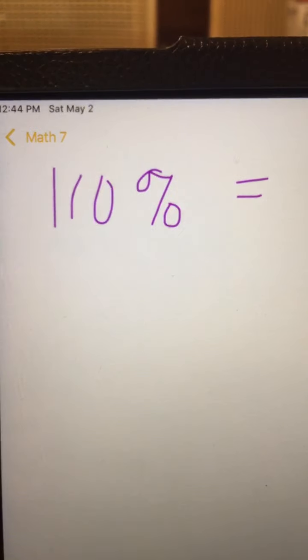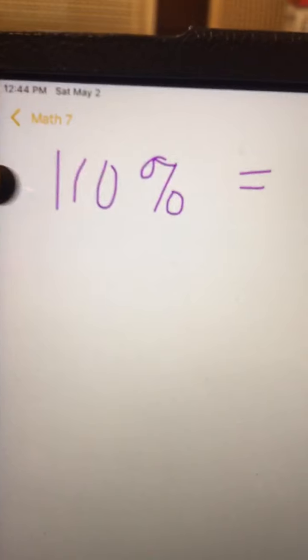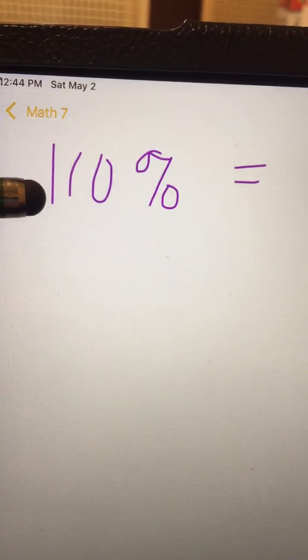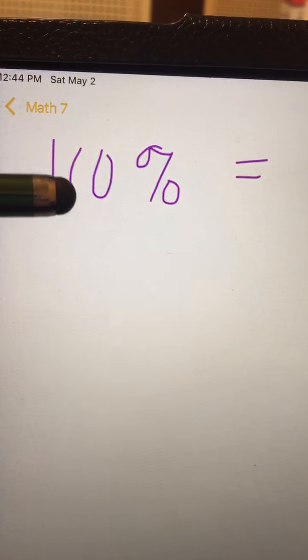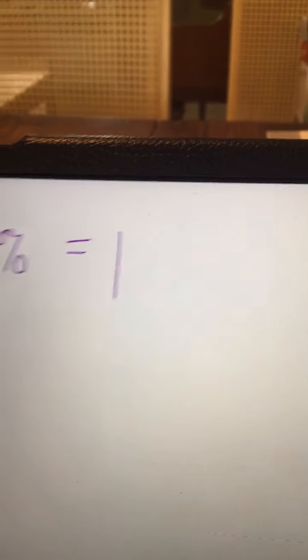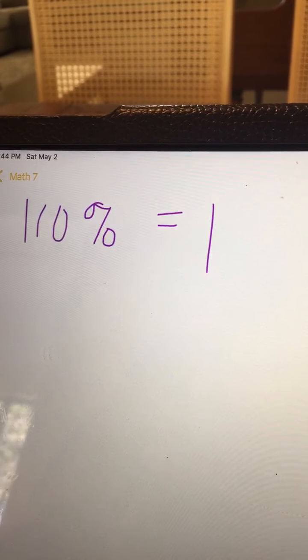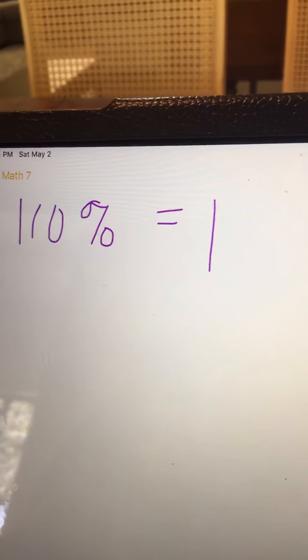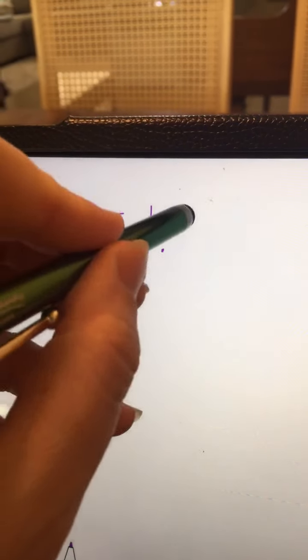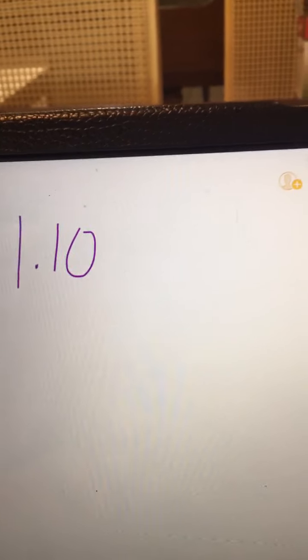So in the example they gave, it was 110%. Let me switch screens. If they say they have 110%, what they're saying is that 100% is represented by one whole, right? And what do you have left over if you subtract 110 minus 100? You would have 10% left over, and that can be represented as 0.10.